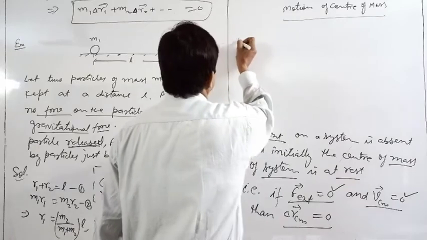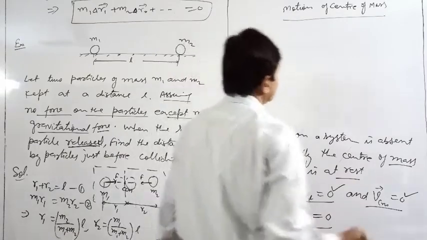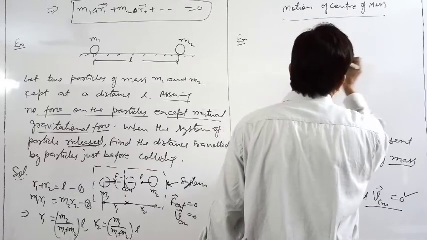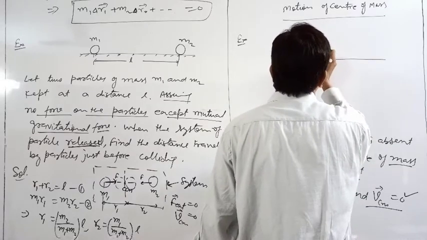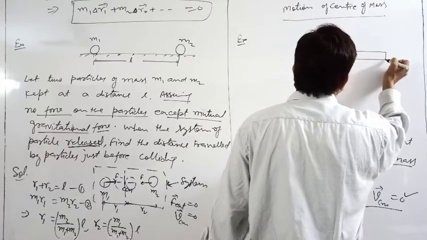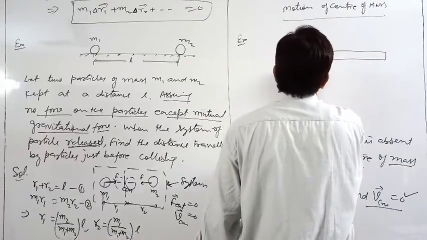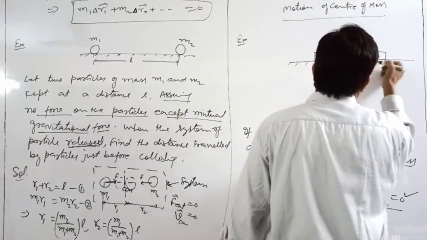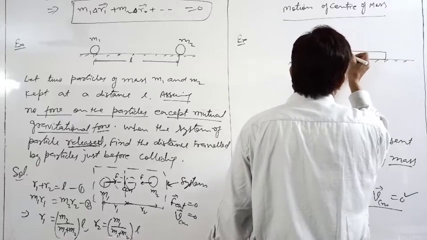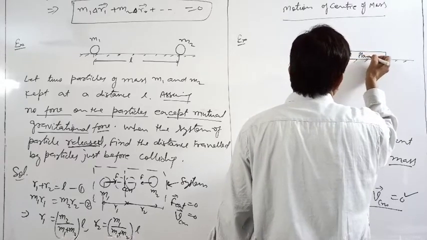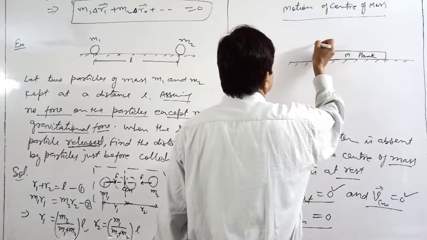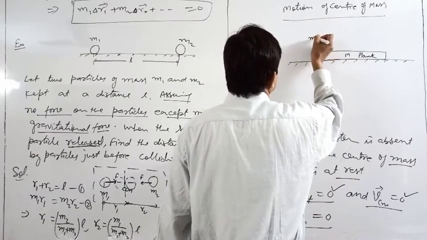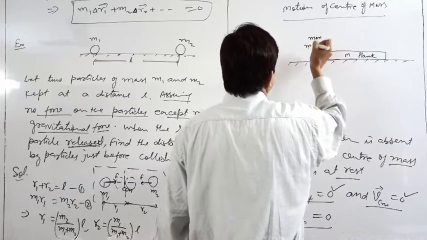See another example. This is a plank. This is a man of mass m.